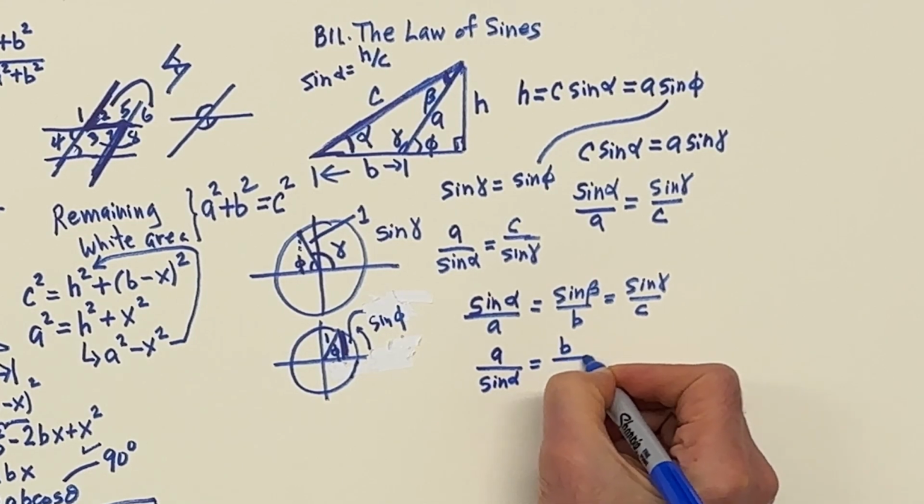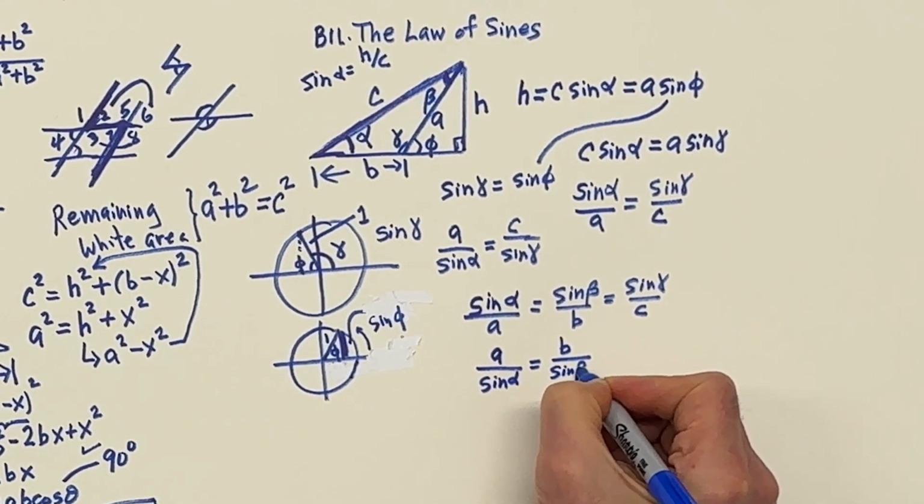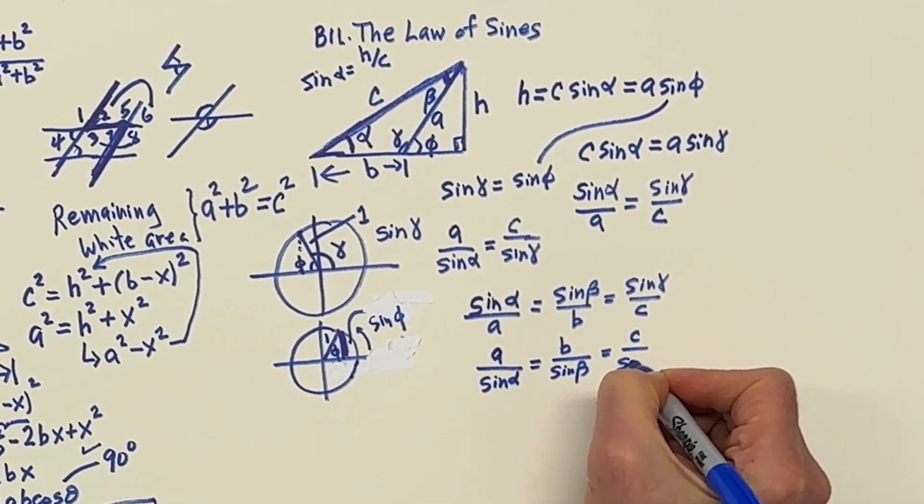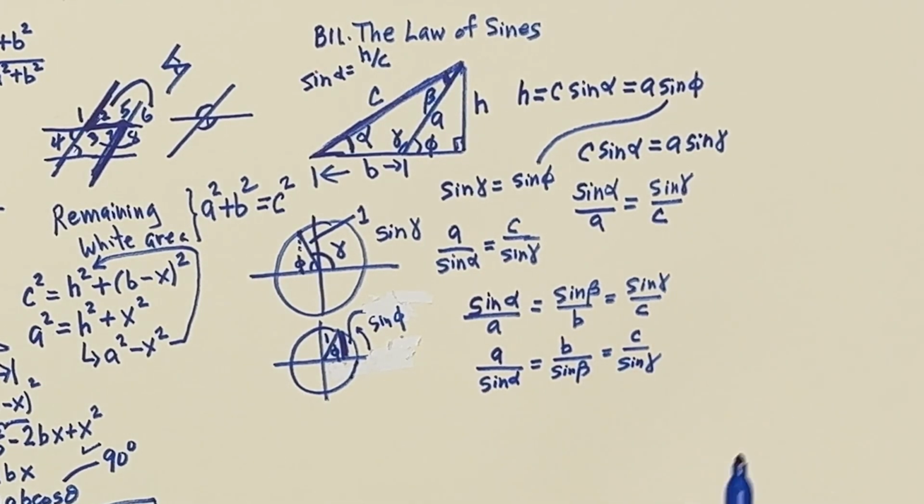So this is B over the sine of beta, and this is C over the sine of gamma. There you have it. The law of sines. Very important. Comes in handy in doing problems.